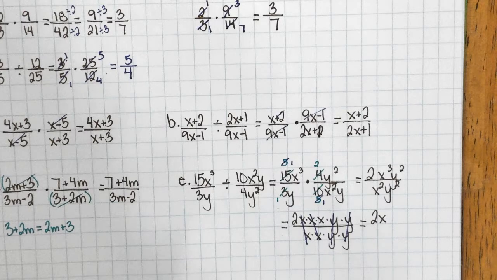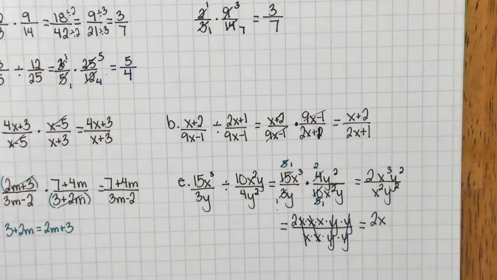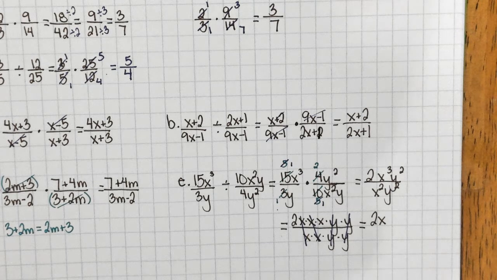Okay. We're going to skip part F also. This problem did also ask us to give the excluded values, which I didn't do. I went over that in the last video. Remember, the excluded values are what would make you divide by 0.